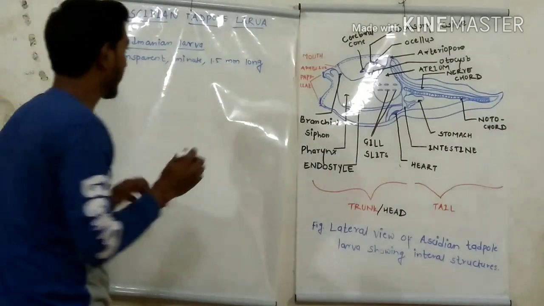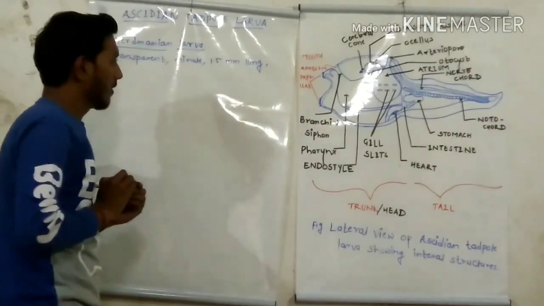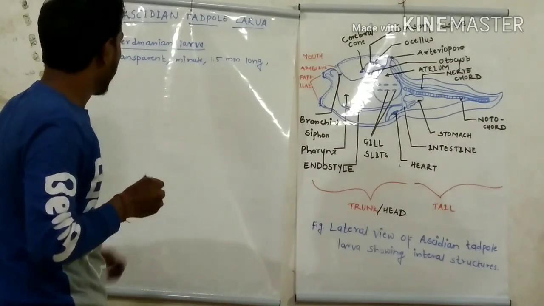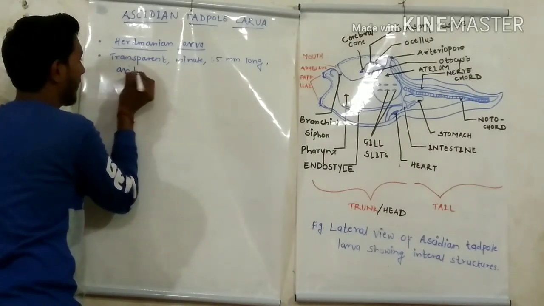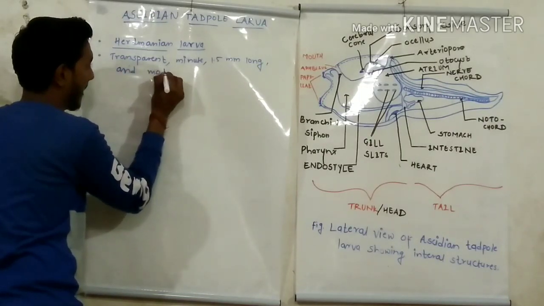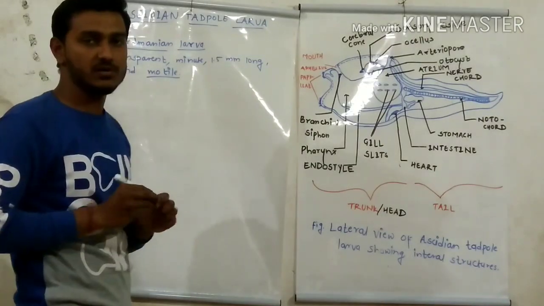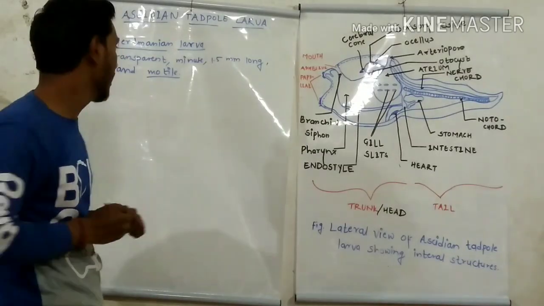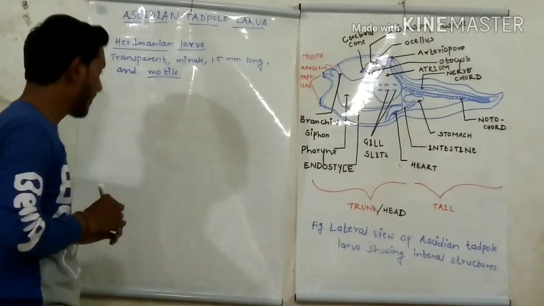It is a transparent, minute, 1.5 millimeter long, and it is motile. The main organ involved in the locomotion of this ascidian tadpole larva is the tail. So it is motile and locomotion is with the help of tail.